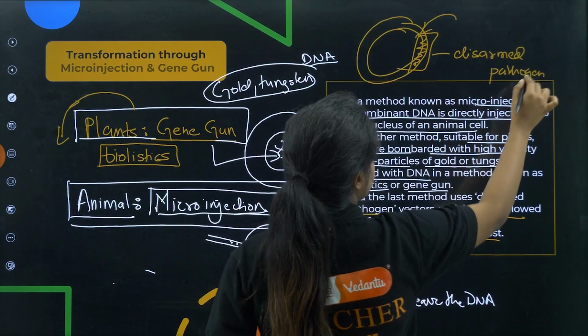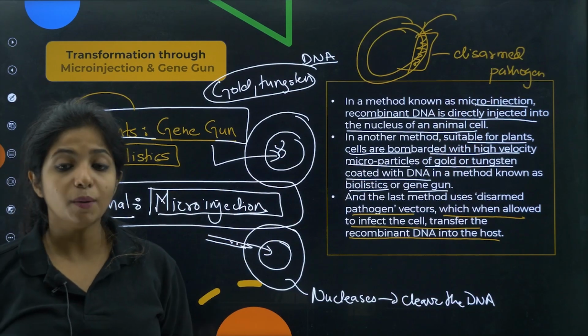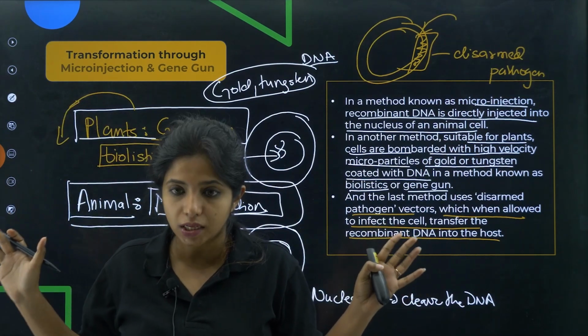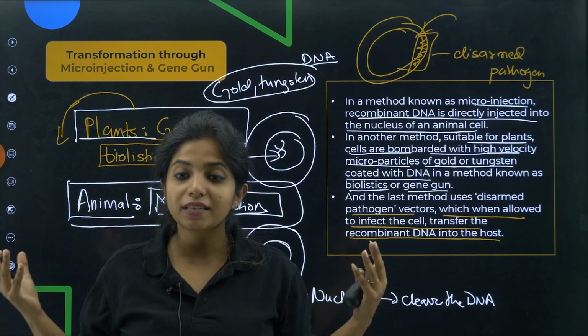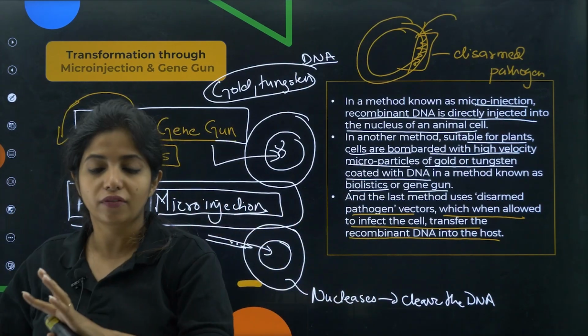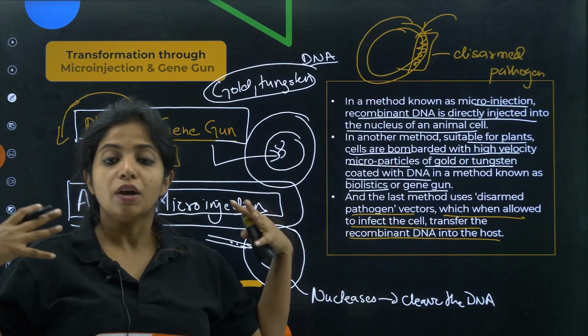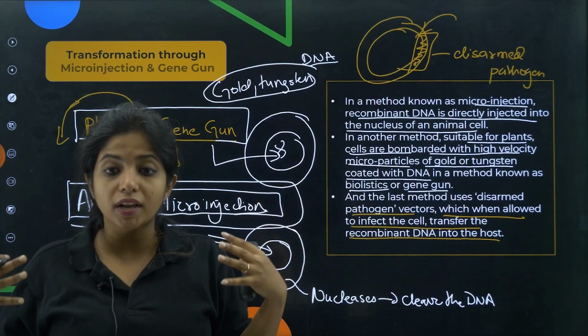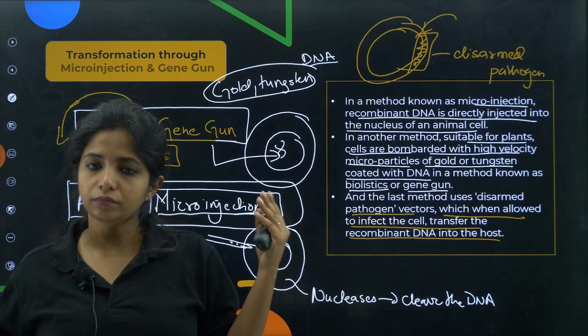What do you mean by disarming? Basically, I am not cutting its arm off, it does not have an arm. Basically, I am making it helpless. It's a very cruel way of doing things, but yes. The power that it had, I just took that away, and I am putting my gene of interest over there, which makes it disarmed. Now it won't be able to infect me. It's not pathogenic anymore. Got it?